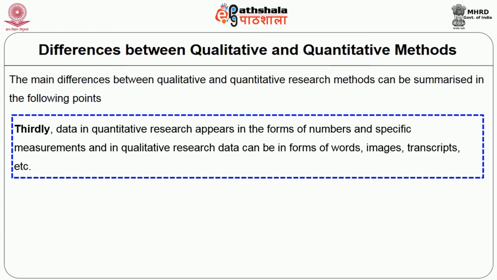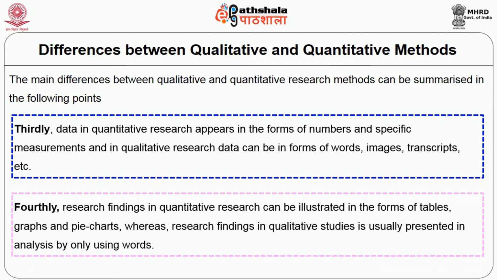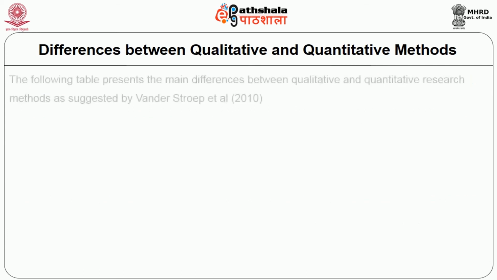Thirdly, data in quantitative research appears in the form of numbers and specific measurements, and in qualitative research, data can be in the form of words, images, transcripts, and so on. Fourthly, research findings in quantitative research can be illustrated in the form of tables, graphs, and pie charts, whereas research findings in qualitative studies are usually presented in analysis by only using words.